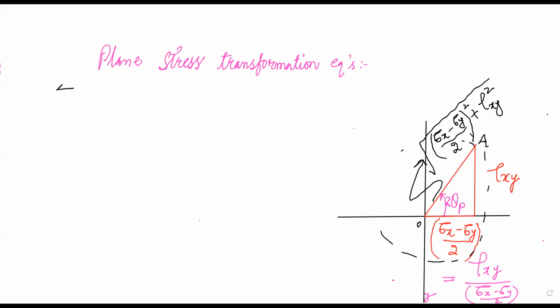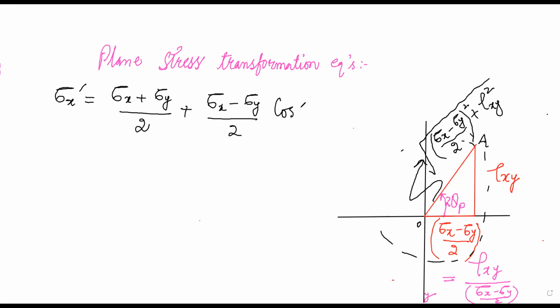I have sigma x prime equal to sigma x plus sigma y divided by 2 plus sigma x minus sigma y divided by 2 cos twice theta p plus tau xy sine twice theta. This gives the value of sigma x prime at the principal angle.